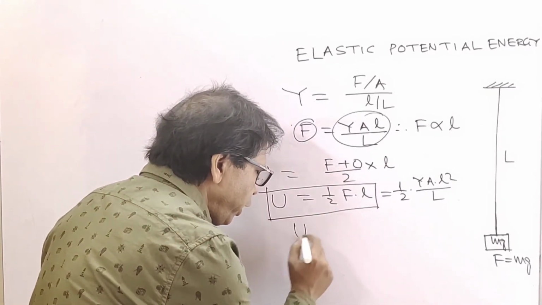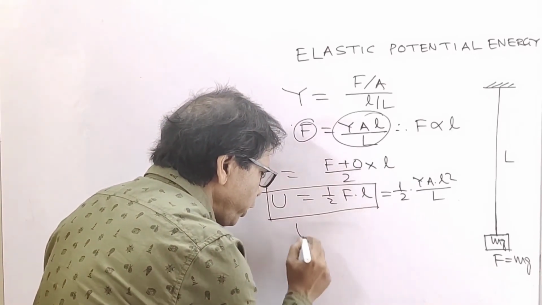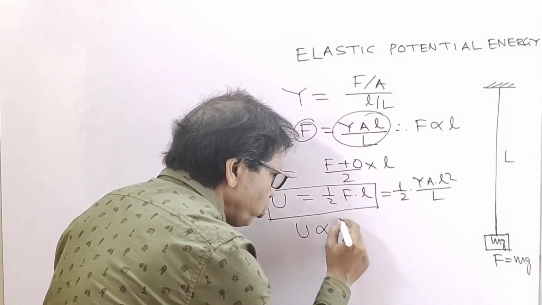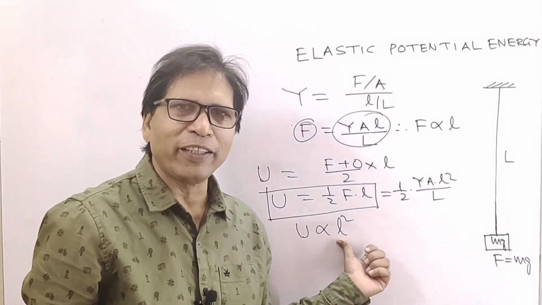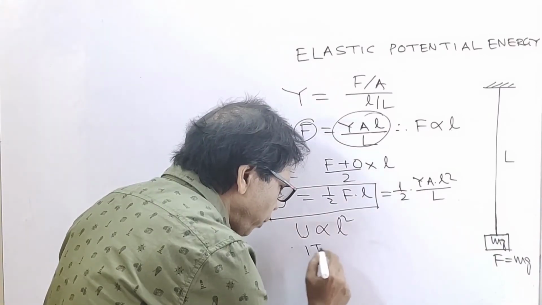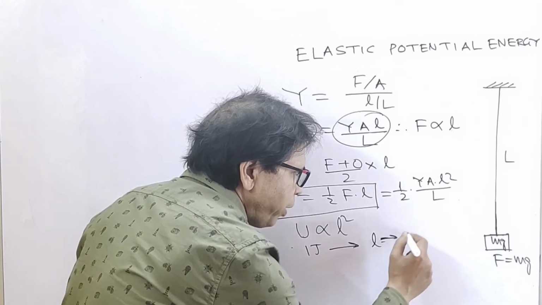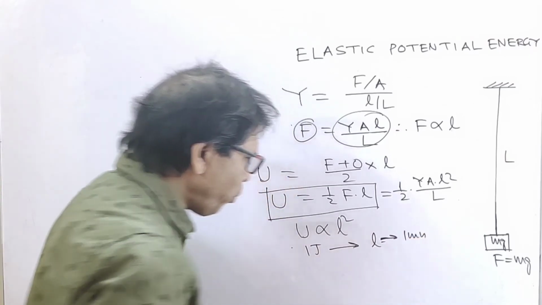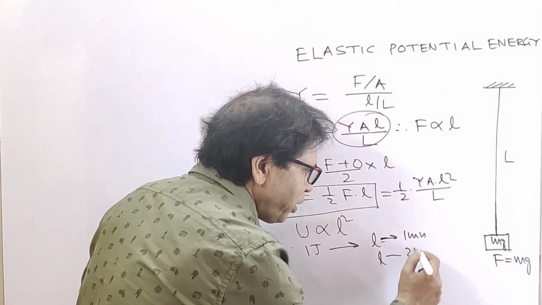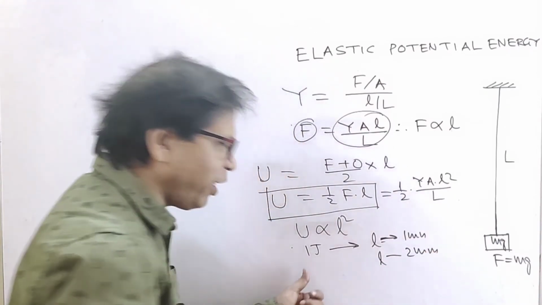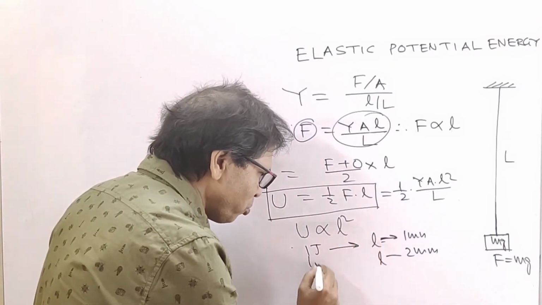Therefore potential energy U is directly proportional to l square, that is, the square of the increment of length. If 1 joule is the potential energy for an increment of length of 1 millimeter, then the potential energy for an increment of 2 millimeter is 2 square, that is 4 joule.